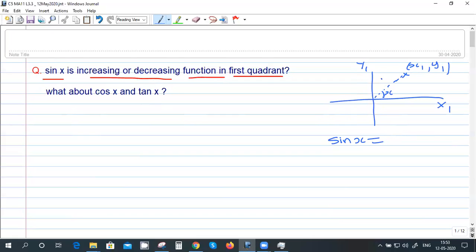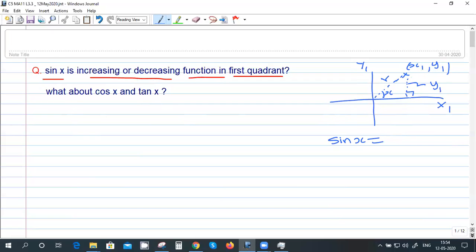This distance is r. If I drop a perpendicular, how much is this length? This is the basic idea of coordinates of a point, right? If you drop a perpendicular, that length will be y1. That's why the coordinate of this point is x1, y1.